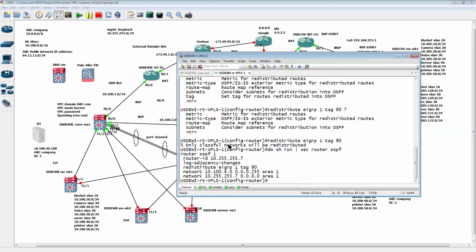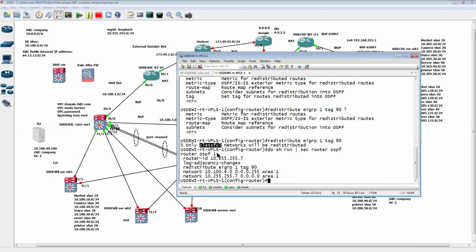For me, I'm thinking, what is a classful network? Sometimes classful network could mean anything, or it could be something we call a default network, because EIGRP or OSPF can advertise just the network without including the subnet mask.